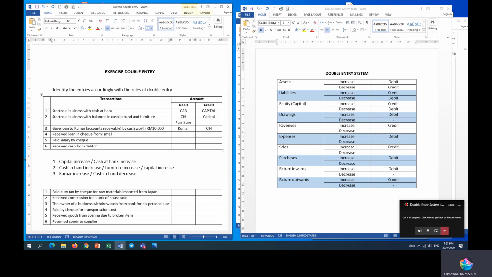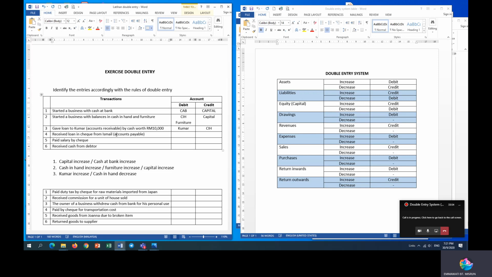So in this case, kita telah berhutang dengan Ismail. Daripada Ismail, Ismail adalah pemiutang kita, di mana kita telah berhutang dengan Ismail. Jadi Ismail dalam istilah perekonomian kita ni, beliau adalah accounts payable. Payable adalah creditors.